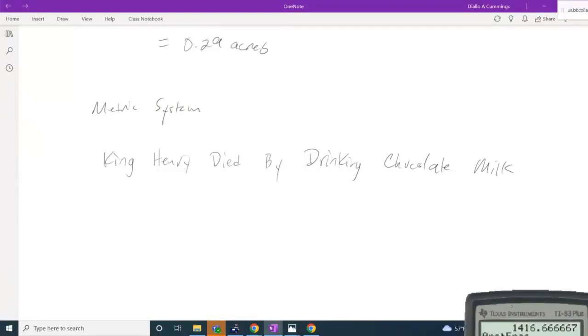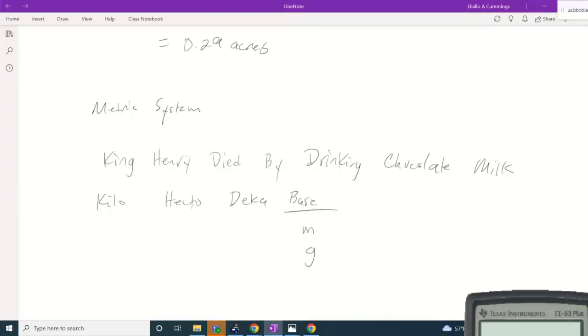So it's an acronym. K is for kilo, H is for hecto, D is for deca, and B is your base unit. The base units are meters for distance, grams for weight, and liters for volume.